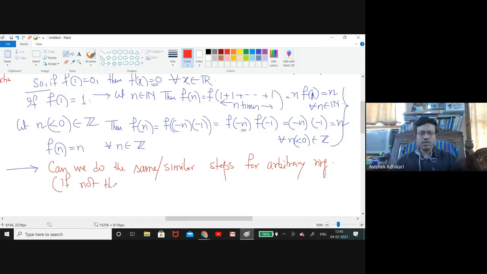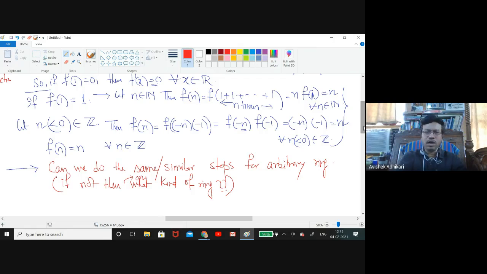If not, then what kind of ring? Can we impose some extra condition? If not, then on what kind of ring? So that again you need to think.